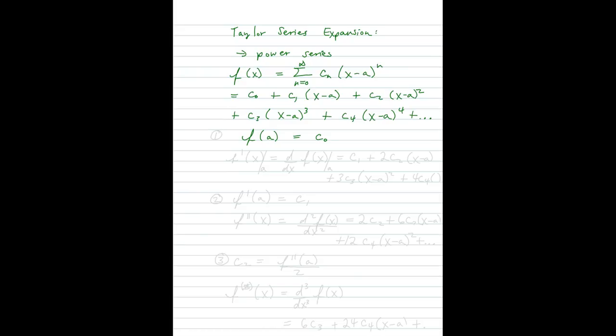So if we do that, we're going to have f prime of x equal to d dx f of x, depending on the notation you prefer, which is equal to c1 plus 2c2 times x minus a plus 3c3 times x minus a squared plus 4c4 times some value... And so all those terms with x minus a are going to go to 0 because we're evaluating this derivative at a.